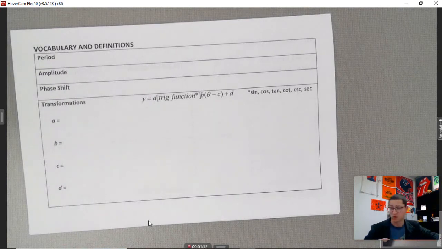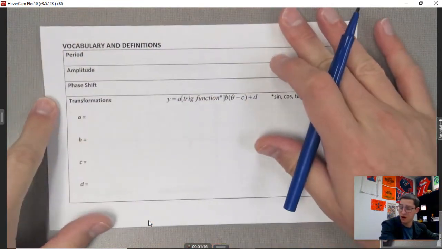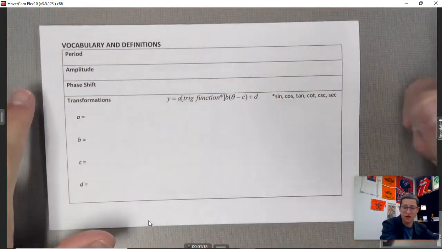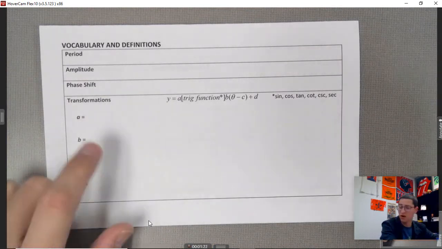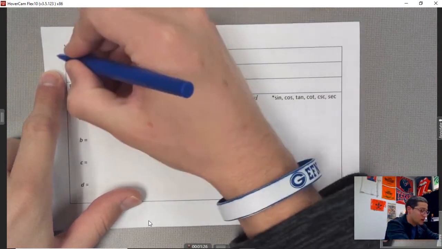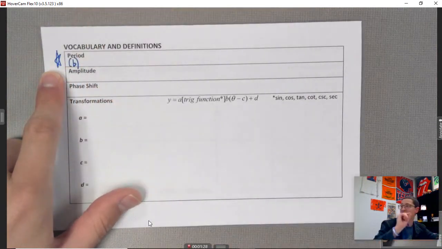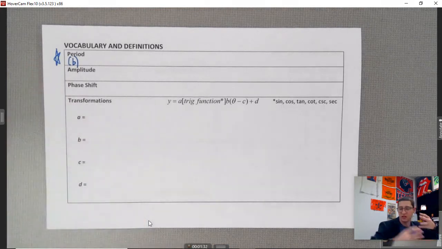So the first one is the period. The period is the length of one cycle of the graph, and we'll talk about what these each look like. But let's just go ahead and write them down for now. This is your b value. I'm going to write a star because it's not quite your b value, but we'll talk about the relationship between them. Your b determines your period.